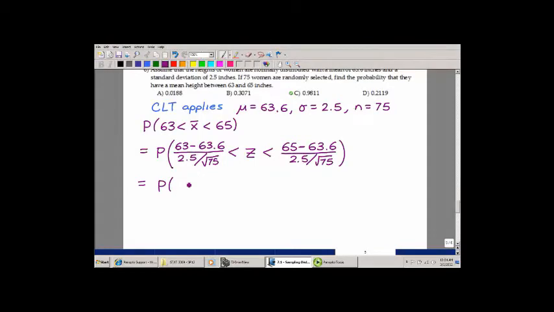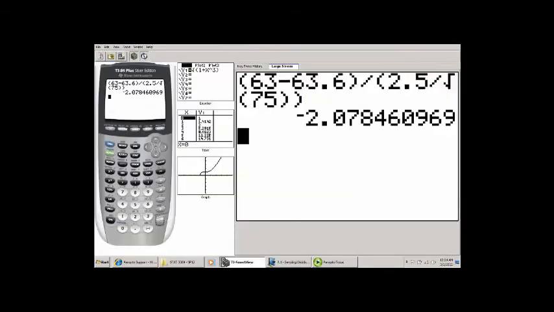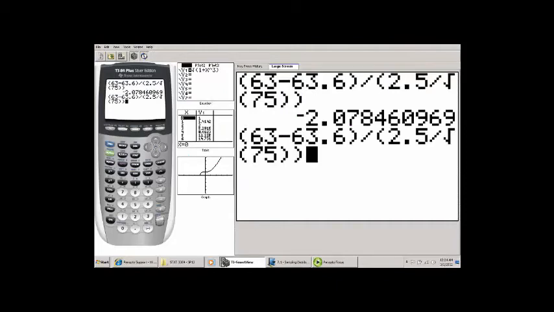Oh, that's the low end. Now I have to get the upper z value. So I'll go to the calculator and do the nice little second enter function. Change 63 to 65. That's all I have to do. Enter. 4.85.